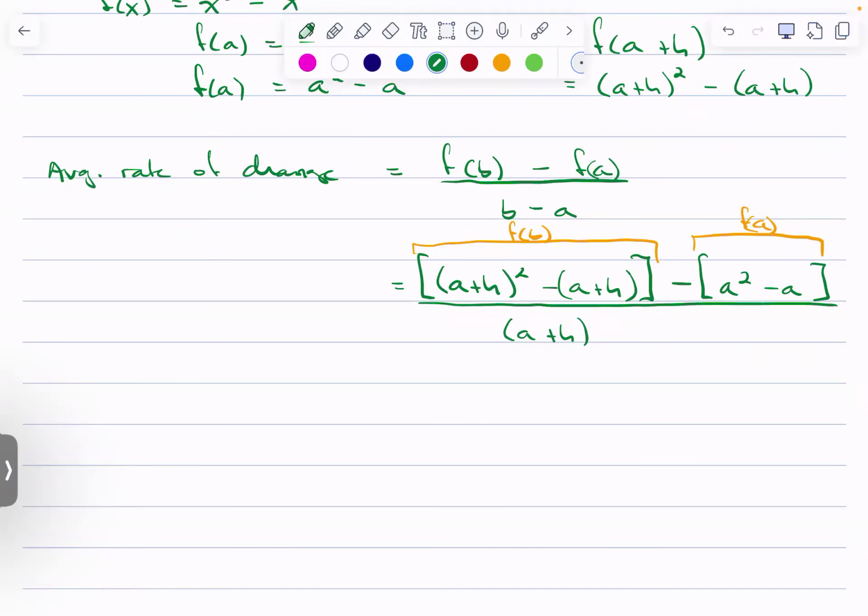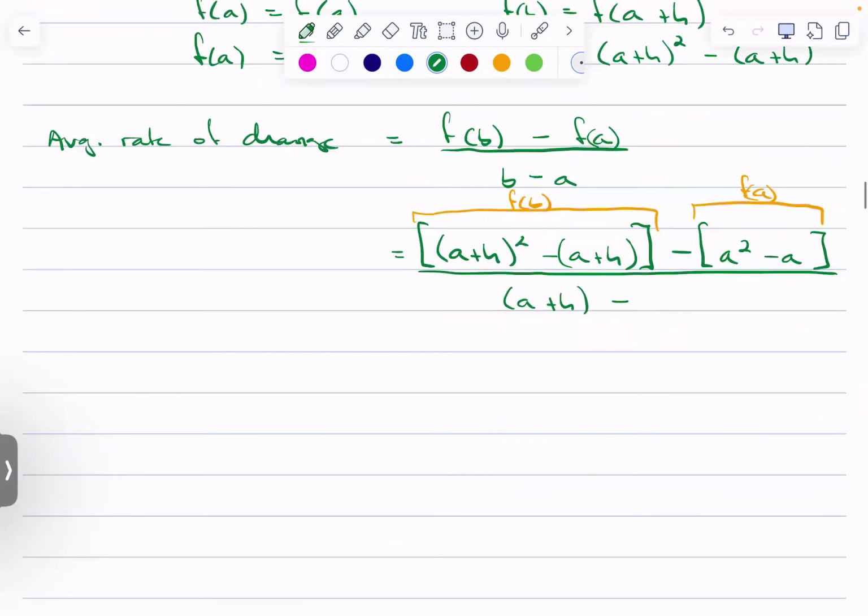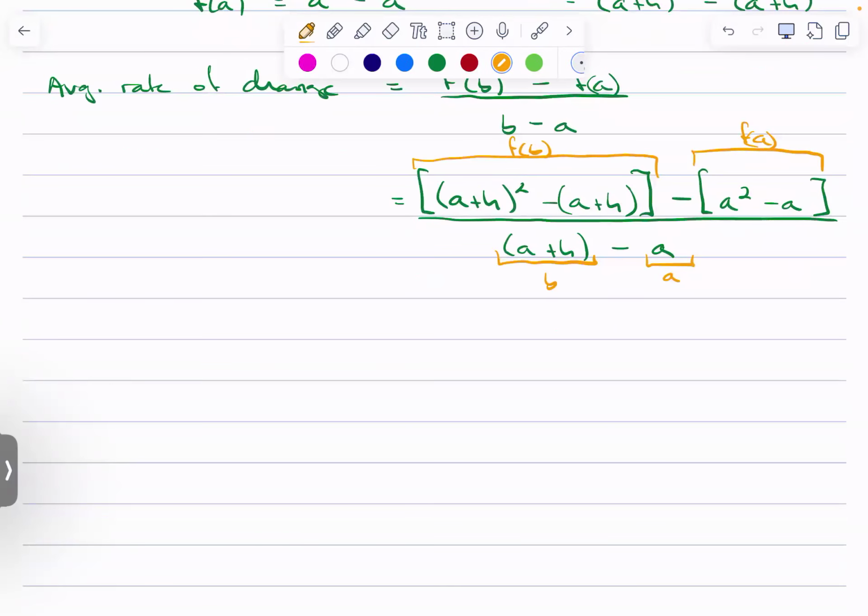Again, keep it as one thing, minus a, which is a. So again, this is your b, and this is your a. As long as you slow down and take it methodically, it's not so bad, right? Plugging in all your values, and then we can expand and simplify.